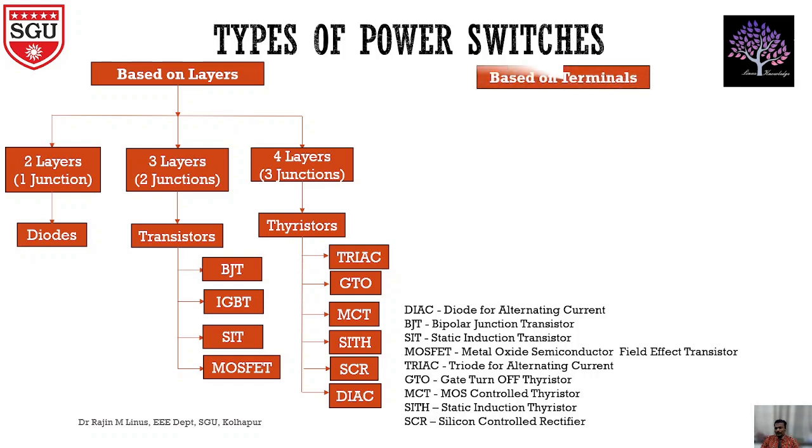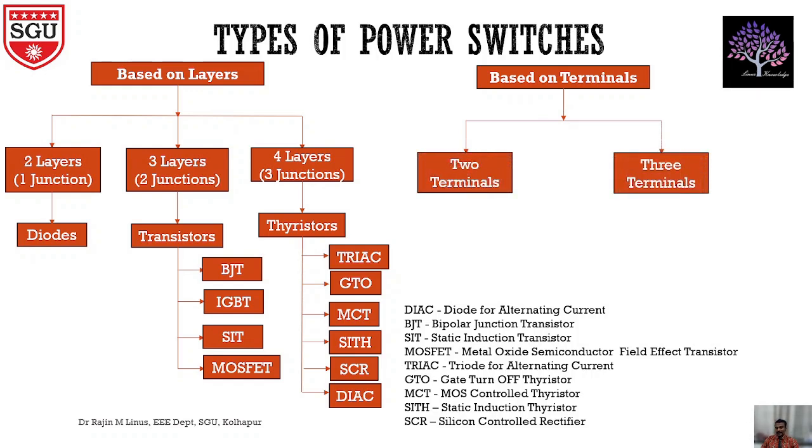Then based on the terminals, if you analyze the power switches, we will have two types. First one is two terminal and second one is three terminal. Let us see what switches come under two terminals. First one we know is diode. Then the second one is diac. Diac means diode for alternating current. So these two come under two terminal.